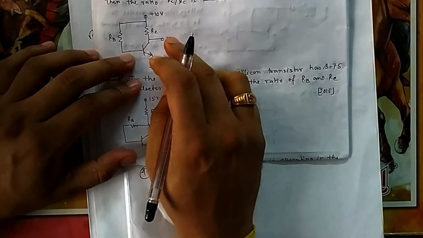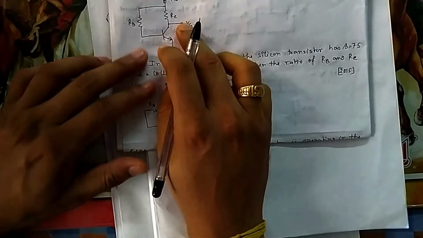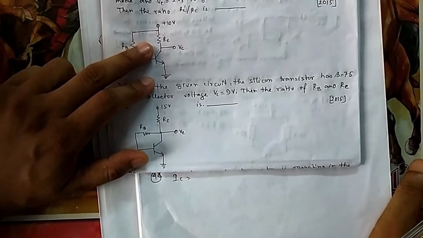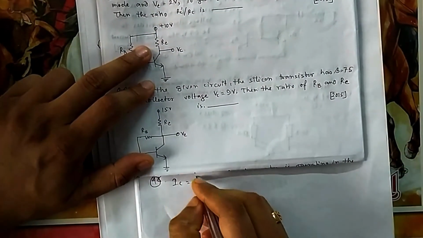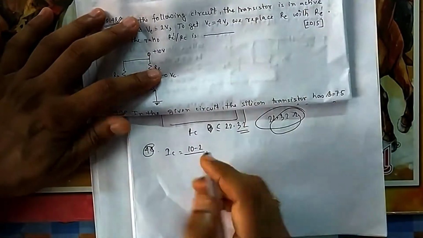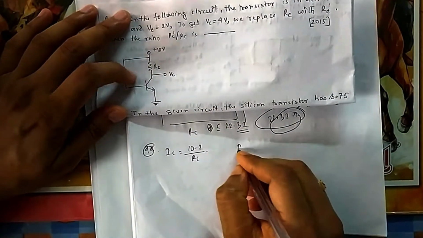So what will be your IC current? This current you can easily calculate. Because this is given 2 volt, IC will be equal to 10 minus 2 by RC. Okay, this is your IC. And what is your IB?